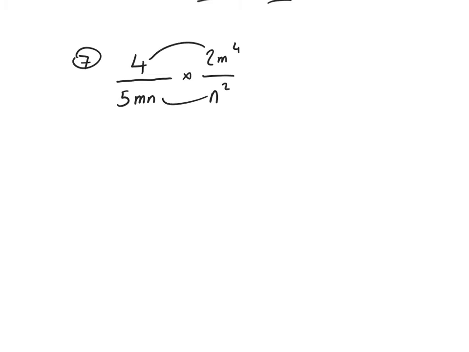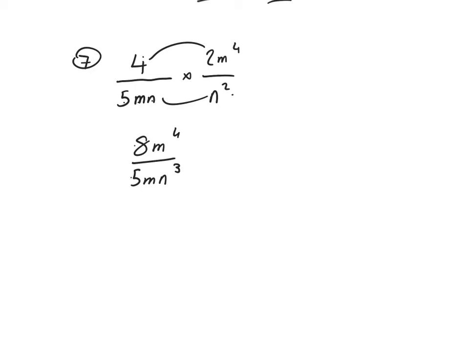Okay, example 7. Let's this time go for 4 over 5mn multiplied by 2m to the 4 divided by n squared. Okay, let's put them together. So 4 lots of 2m to the 4 is 8m to the 4 divided by 5mn times n squared is going to be 5mn cubed.